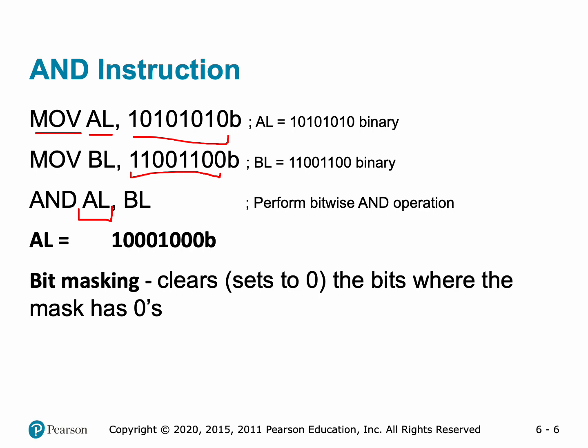So we're looking at the very first bit, which is bit 0. 0 and 0 give me 0. 1 and 0 give me 0. 0 and 1 give me 0.